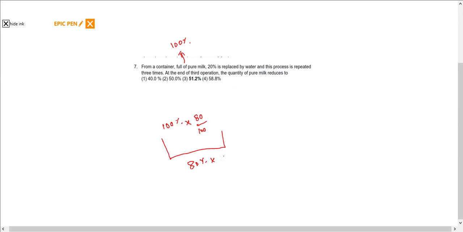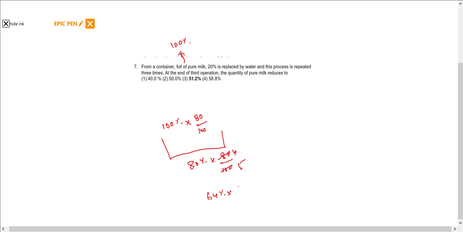So what's the purity of milk after the second operation? That is again 4 by 5, so 16 into 4, so 64. So 64% pure milk is going to be there after the second operation, and the same process follows the third time as well.